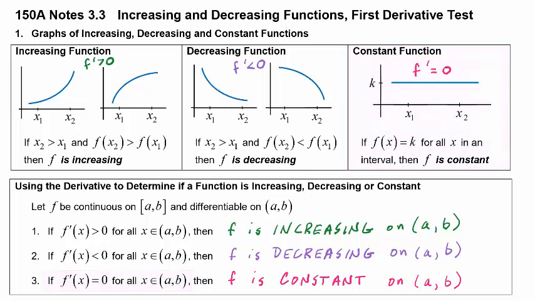So then that becomes a test we can use. If the derivative is positive, we know the graph has to be increasing. If the derivative is negative, we know the graph has to be decreasing. If the derivative is 0, we know the graph has to be constant.